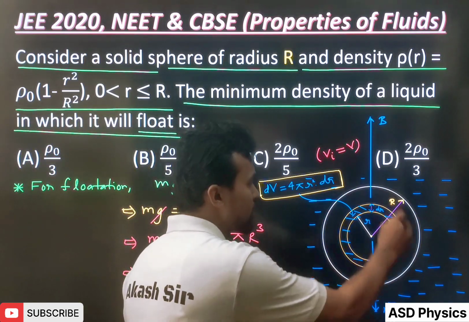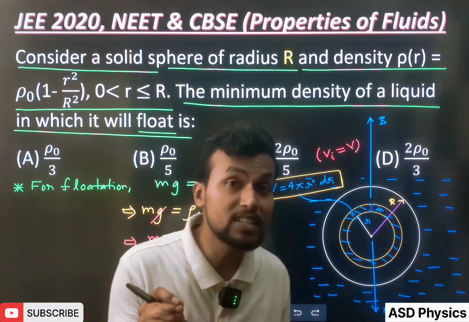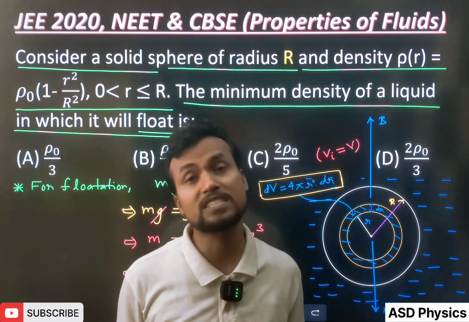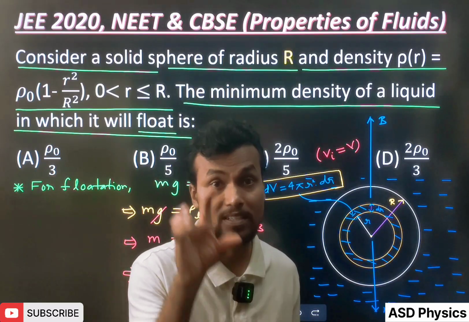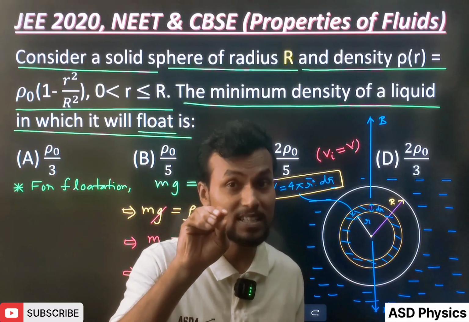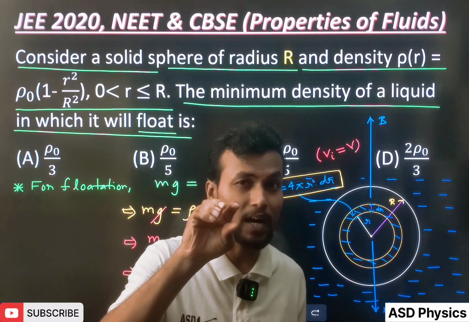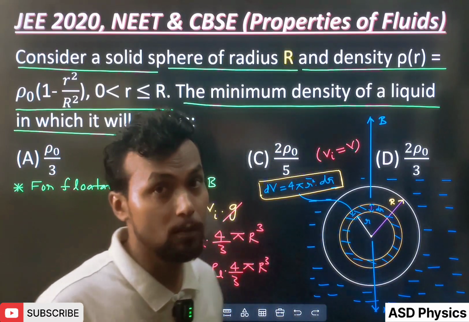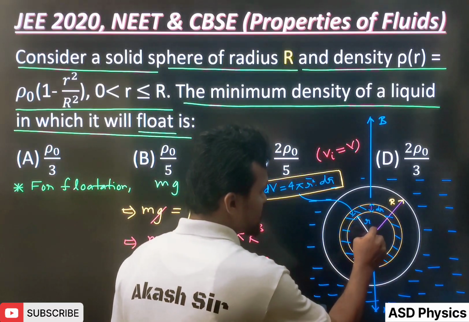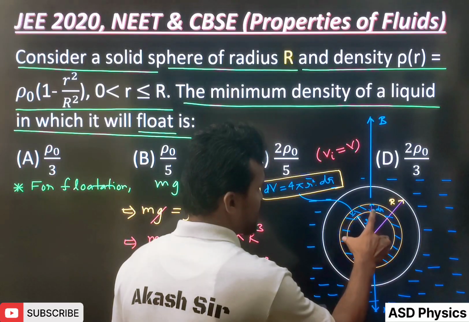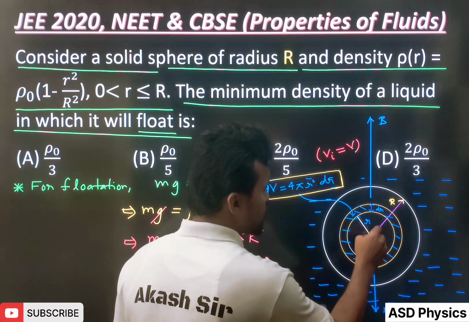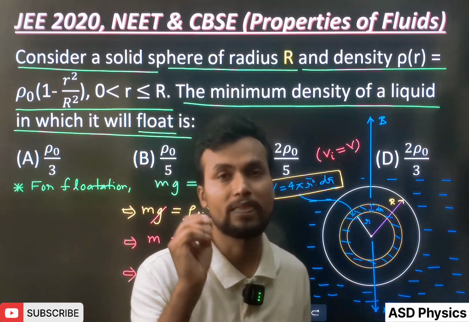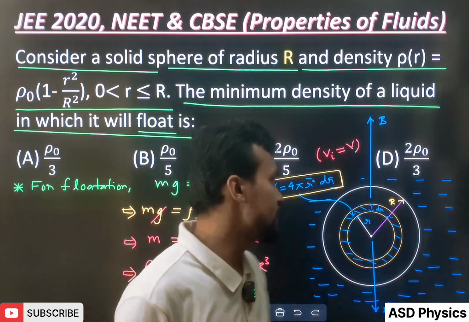But this solid sphere is made up of very thin rings. So many thin rings are involved, just like an onion. The onion is solid, but inside there are very small rings. When so many rings combine, then only the complete onion forms. So here also, when so many small rings combine, starting from r equal to 0 to r equal to capital R, I will get the complete solid sphere.